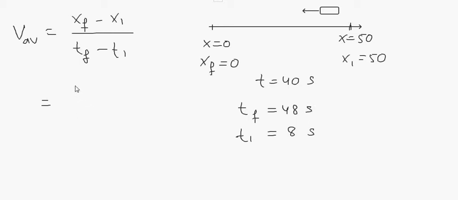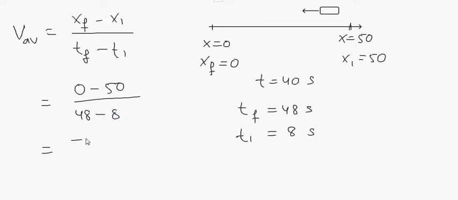Therefore, substituting these values in the formula, xf is 0 minus 50, divided by tf, which is 48, minus ti, which is 8.